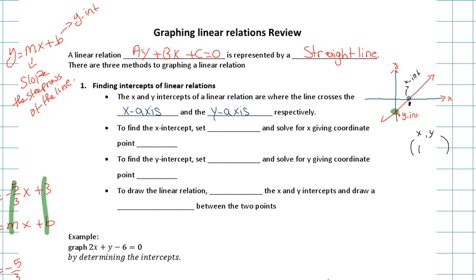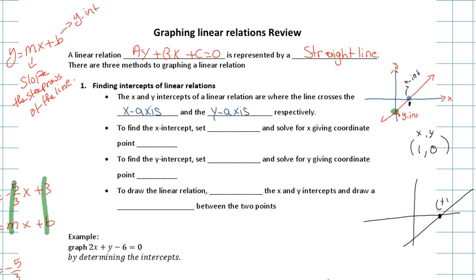So if you're looking at the x-intercept, the x value is whatever the value is. In this case, it's 1, and the y value is 0, right? If I look at another x-intercept, in the case of this line right here, the x value is 3, and the y value is, no, the y value is 0 at this point, right? No matter where that line crosses the x-axis, it's going to be a point where the x value is whatever the x value is, and the y value is going to be 0.